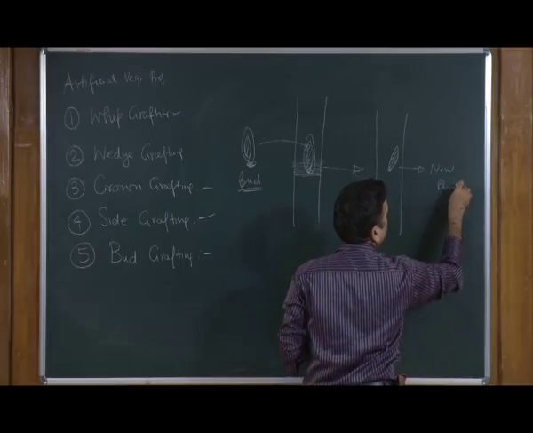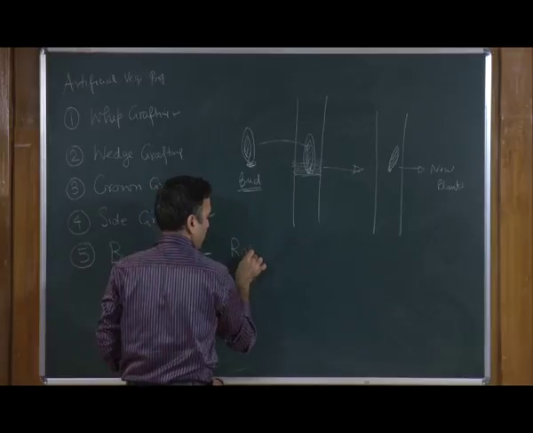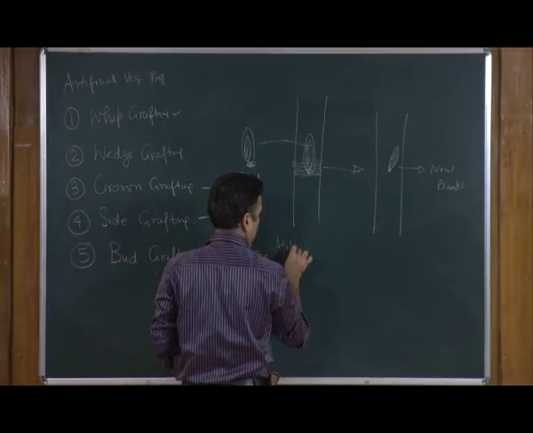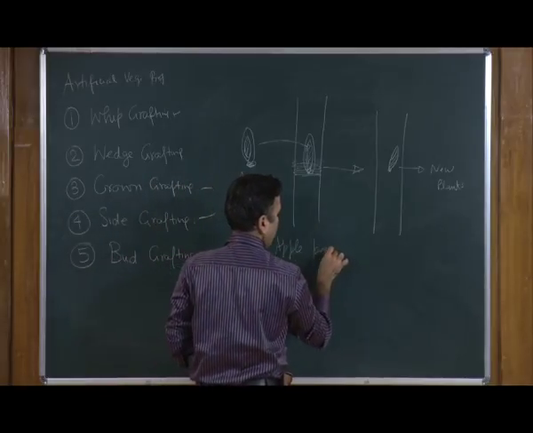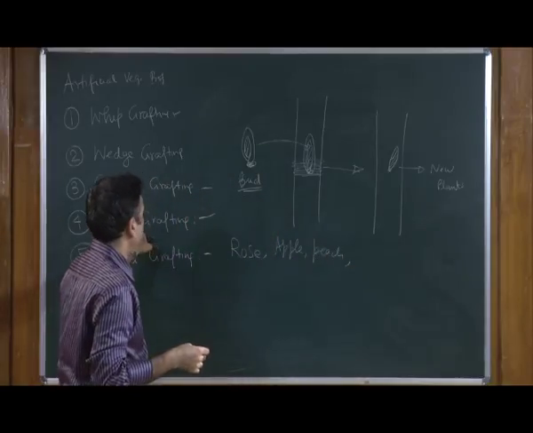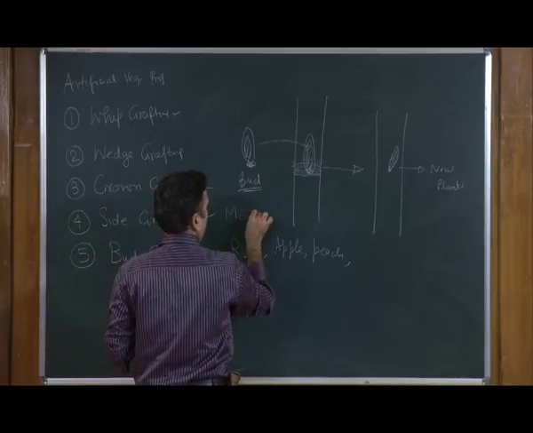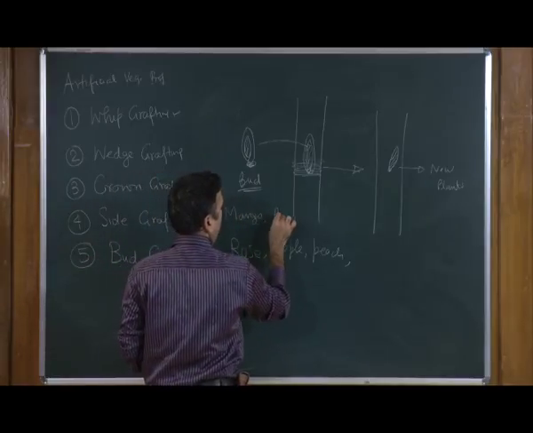Classical examples are rose, apple, peach, etc. Whereas in the case of side grafting, the examples are mango, apple.